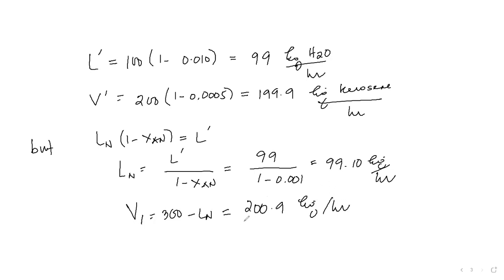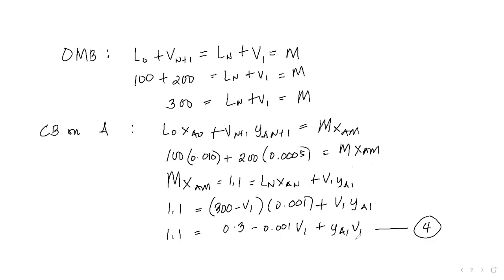This V1 that we got here, we now can substitute in here to find the YA1. If we do that, we will have 1.1 equal to 0.3 minus 0.001 times the V1 of 200.9 plus YA1, which we do not know, times the 200.9.